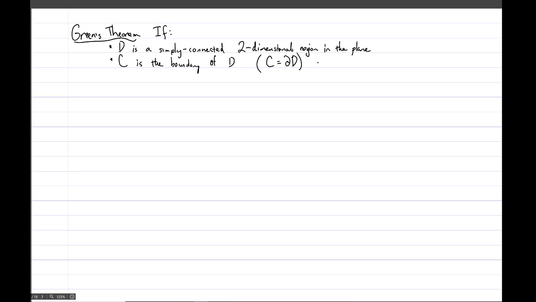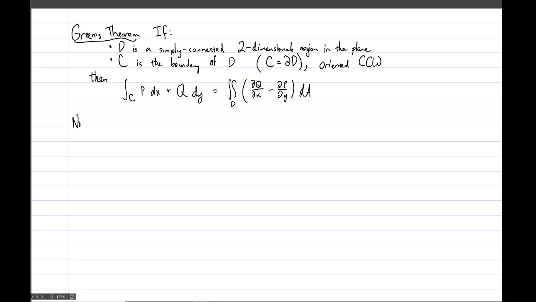So C equals boundary of D. And C is oriented counterclockwise. Then the integral over C of P dx plus Q dy is equal to the double integral over the two-dimensional region D of partial derivative of Q with respect to x minus partial derivative of P with respect to y dA, D capital A.